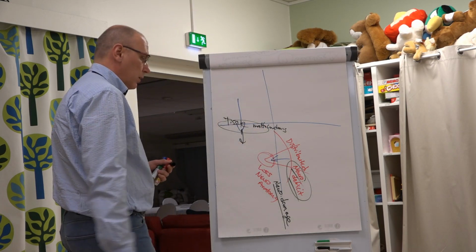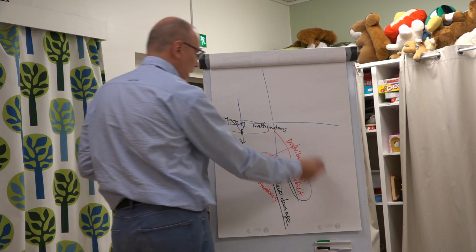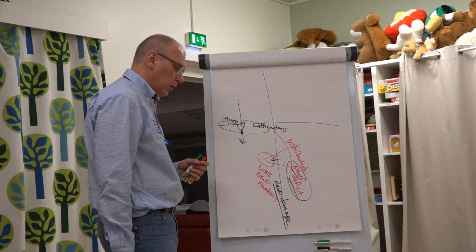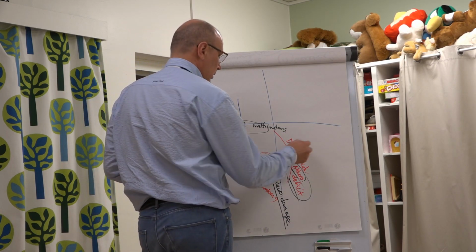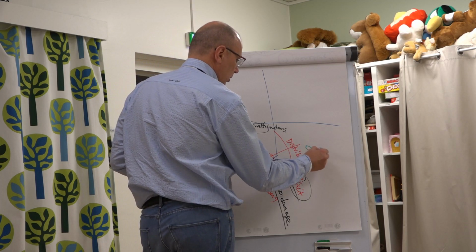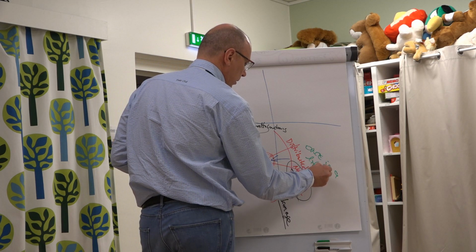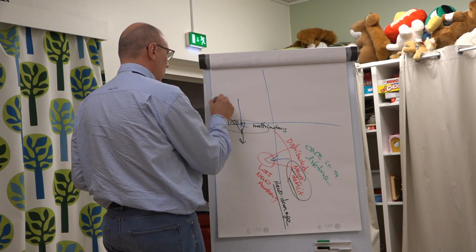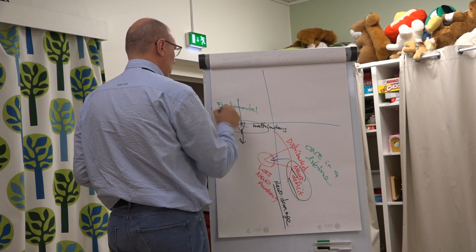So the difference between the two is that here we're assuming that the neuro damage was a once in a lifetime event, and here you've got the fundamental processes.